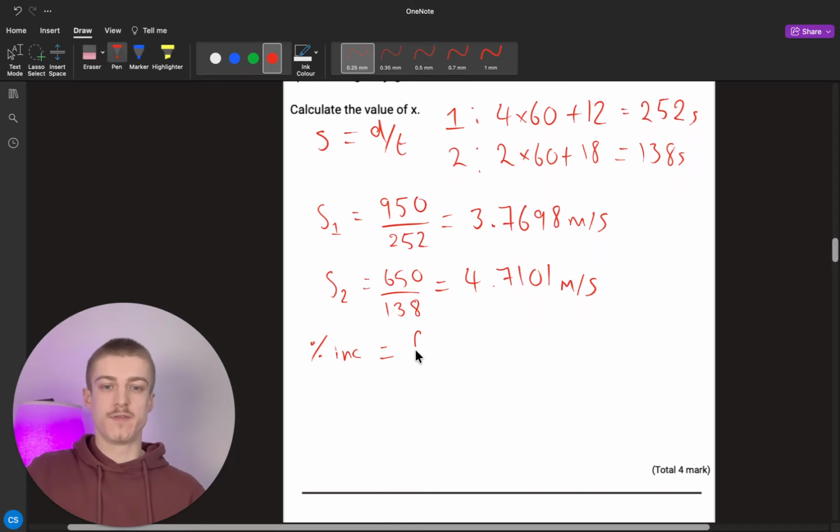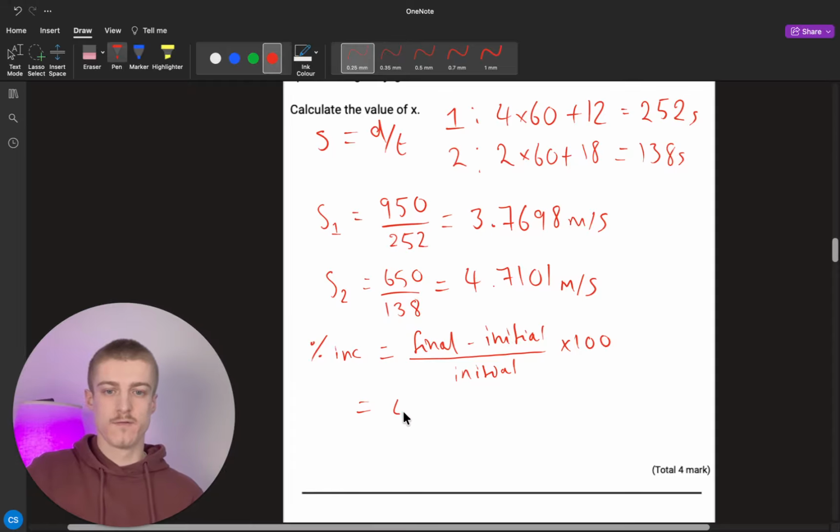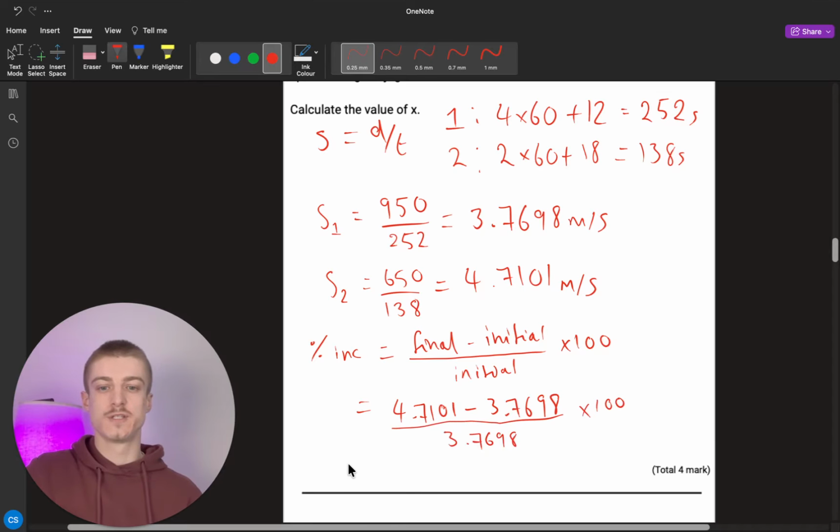We have 4.7101 minus 3.7698 by 100. So you're using your calculator, you want to be using the exact value for each of these numbers. Keep all of our decimals inside. Get a more accurate answer that way, and it ends up with 24.9 here, which is 25%. Okay, 25% faster.